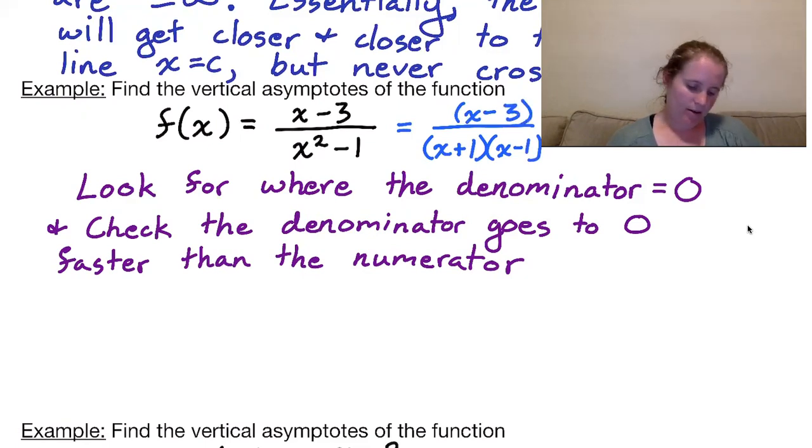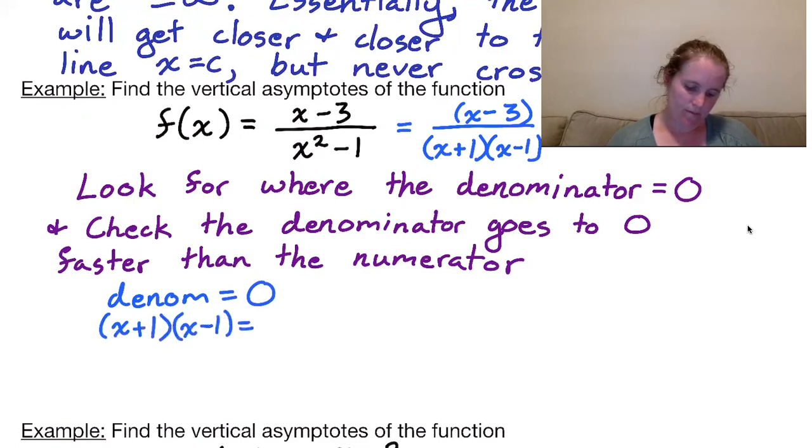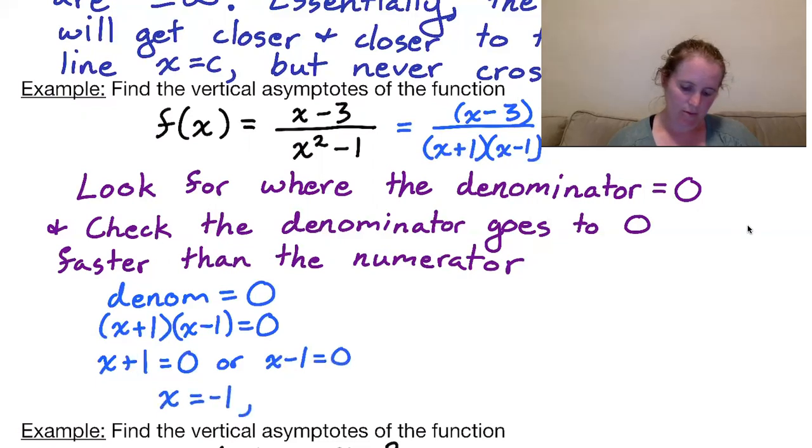So the denominator equals 0 when x plus 1 times x minus 1 equals 0, which could happen either when x plus 1 equals 0 or x minus 1 equals 0. And so we get that x could be negative 1 or positive 1. So at both of these values, the denominator equals 0. Then we just need to check that the numerator is not also going to 0.